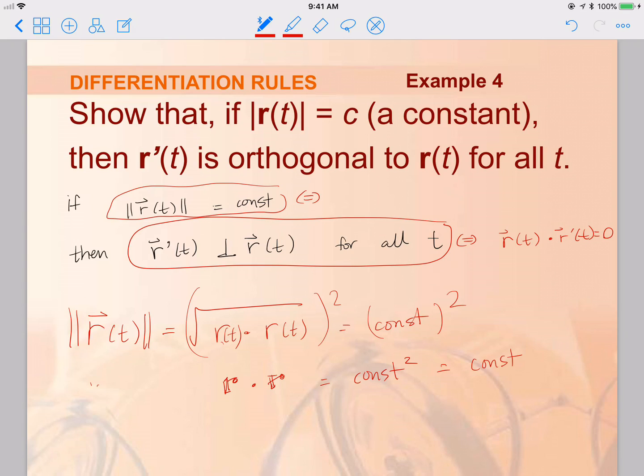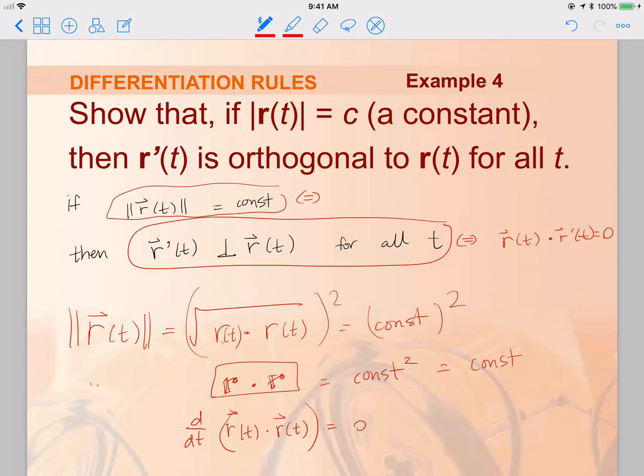It's just another constant. So what does it mean for r dotted with r to be a constant? Well, that means that the derivative has to be equal to 0. Does that make sense?